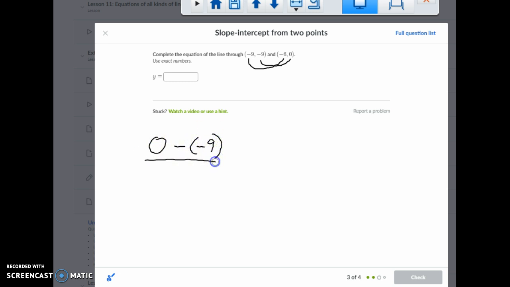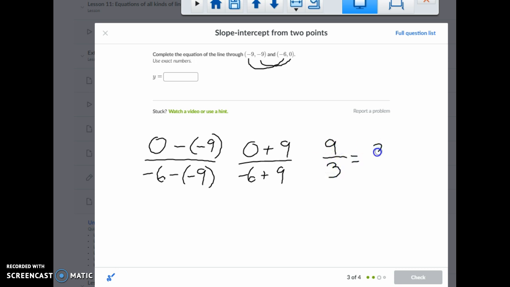And then we are going to go -6 minus -9, because that's our change in x. Then we're going to keep, change, switch. So keep it, change it, switch it, over -6, keep it, change it, switch it. So our slope becomes 9 over 3, which is also equal to 3.